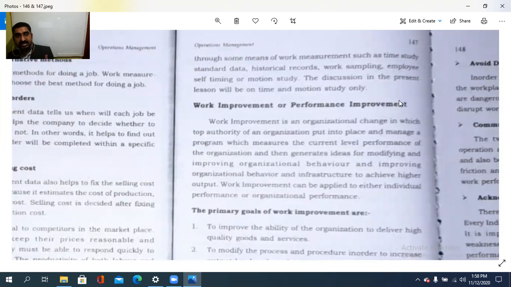So it is an organizational change, first of all, in which the top authority of an organization puts into place and manages a program.